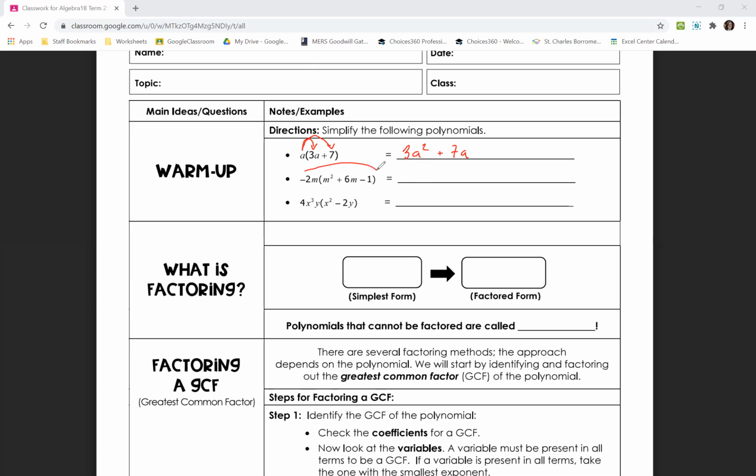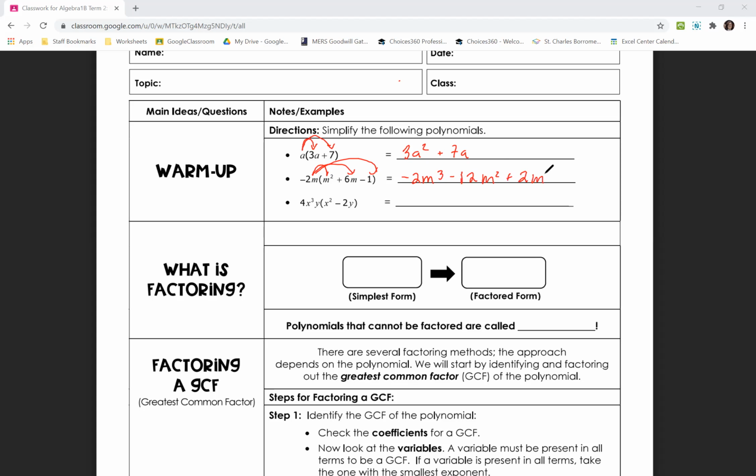So here you're given the factored form and they want you to rewrite it in the simplified form. So what do we do? We distribute. We have negative 2m times m squared is negative 2m cubed, minus 12m squared plus 2m.